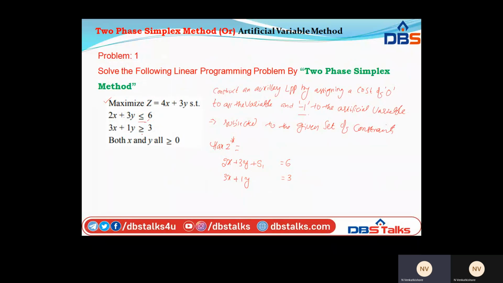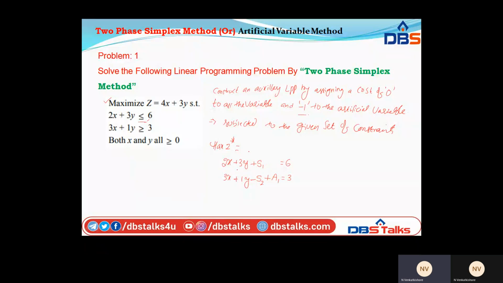And at the same time, when LHS is greater than RHS, we need to subtract something. Subtracting means it should not be the same variable, so we write another variable and also add an artificial variable. So these are the newly constructed constraint equations.